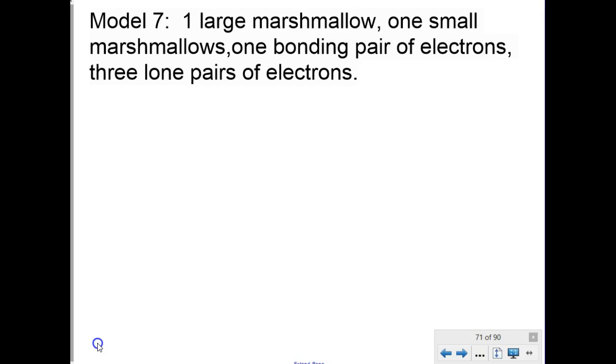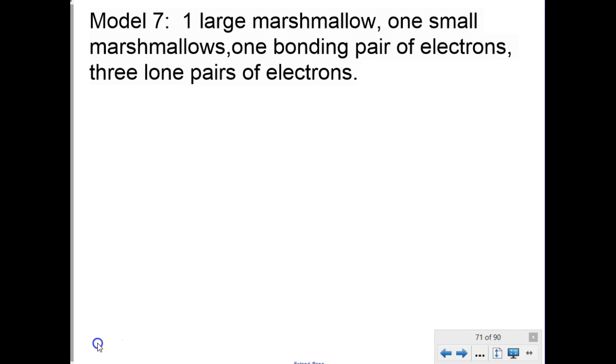You still have 4 pairs of electrons. 1, 2, 3, 4. 3 of these are lone pairs. 1 is a bonding pair. 3-dimensional shape. If you look just at the marshmallows, it's another linear molecule.